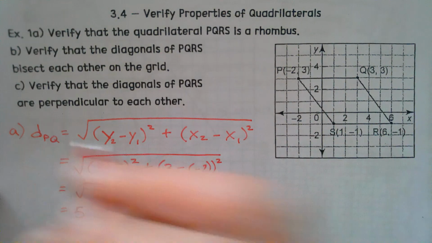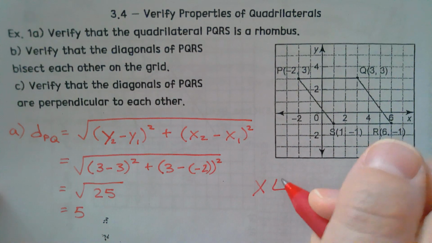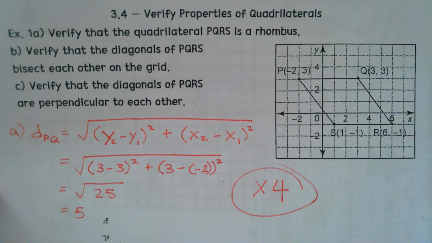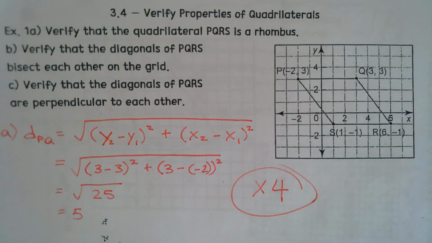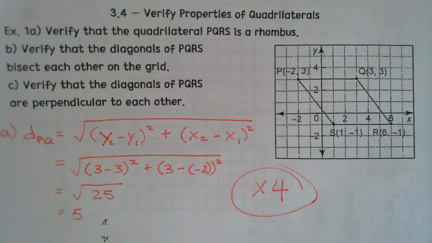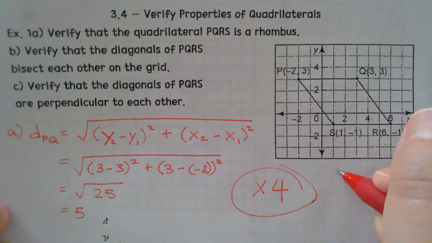So for part A, I'm basically doing this 4 times because if 4 sides are equal, it satisfies the definition of a rhombus. Do I need to waste time doing this exact same step 4 times? Nah, it's okay. I think you guys know how to sub in numbers.